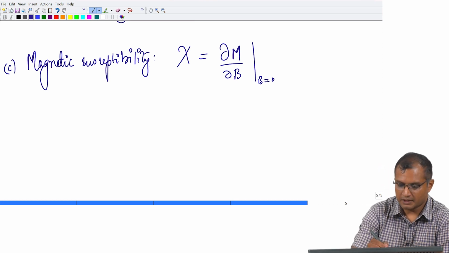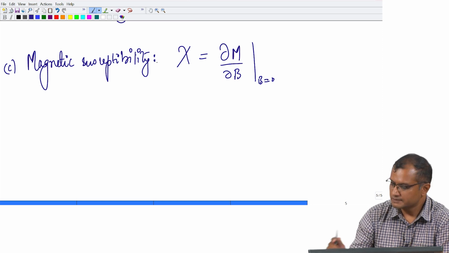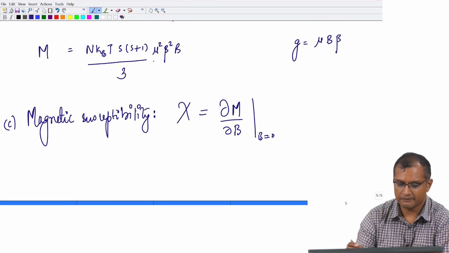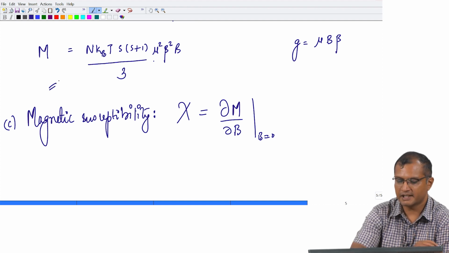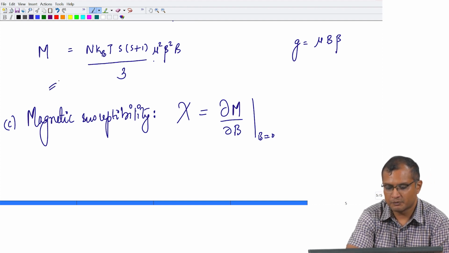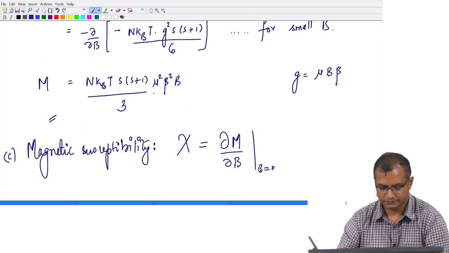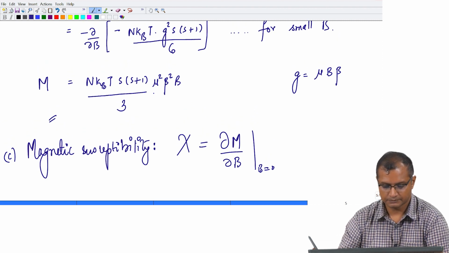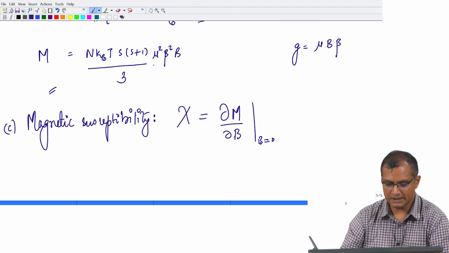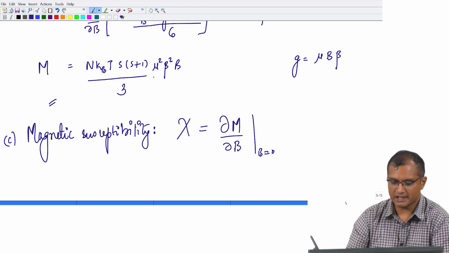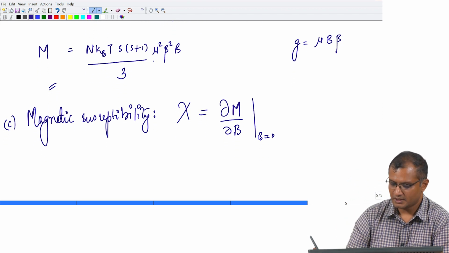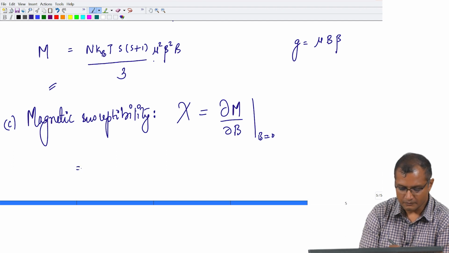So, we can compute this. Since we already have m over here, I can simply take its derivative at small values of field and get the value of susceptibility. Or what I can do here is not take this approximated value of m, but compute m from the Gibbs free energy.